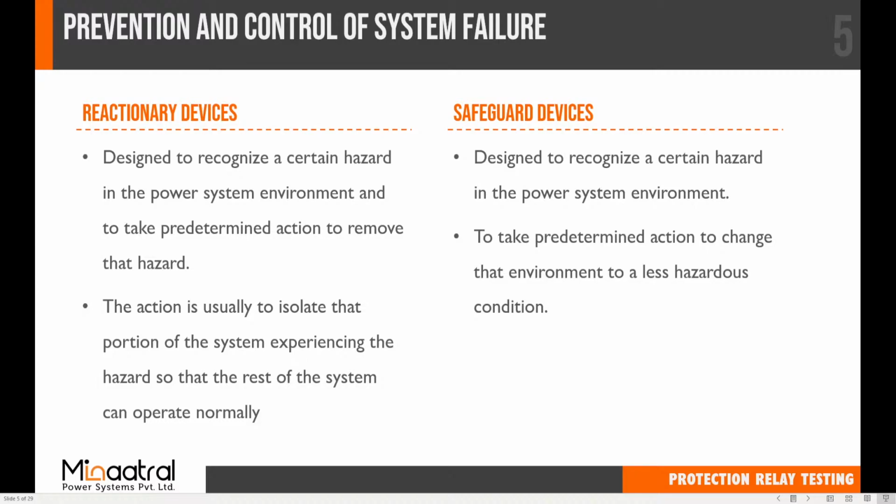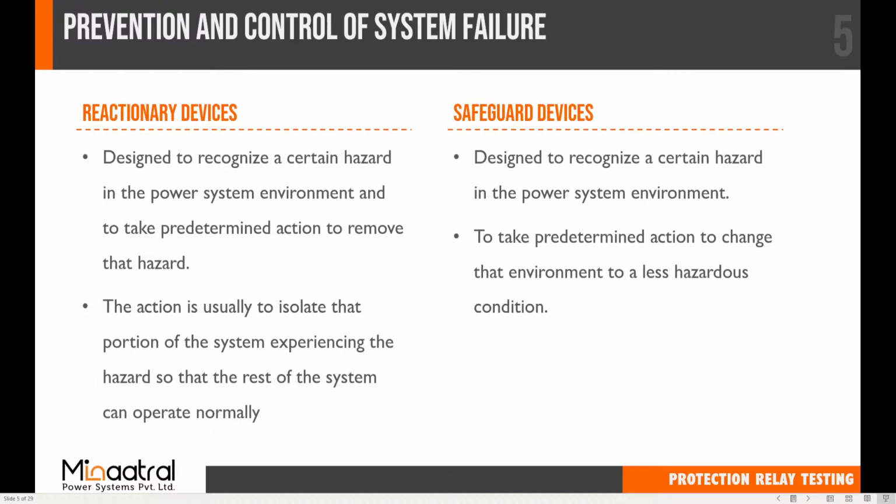Reactionary devices are supposed to recognize a hazard, a disturbance or any given fault within your power system, and take a predetermined action to remove the hazard. A key thing to note is that you not only need to recognize the disturbance, you are supposed to take action to remove it.